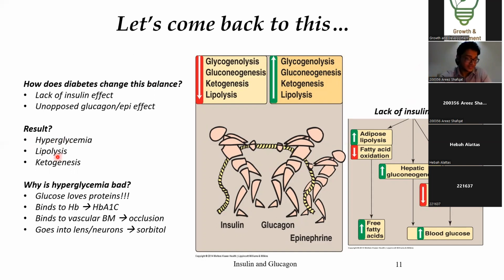You have lipolysis because of unopposed action of epinephrine and cortisol. And because you're generating fatty acids, those fatty acids are going to the liver and they can generate ketone bodies. So the result of diabetes, whether type 1 or type 2, is hyperglycemia, lipolysis, and ketogenesis. Does this make sense?